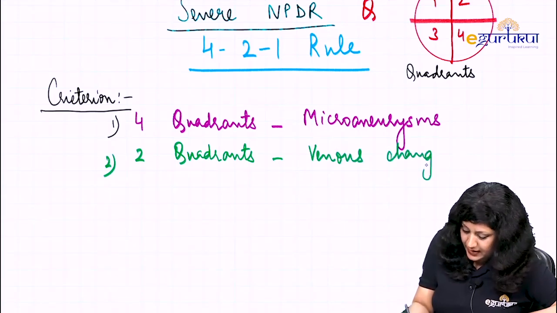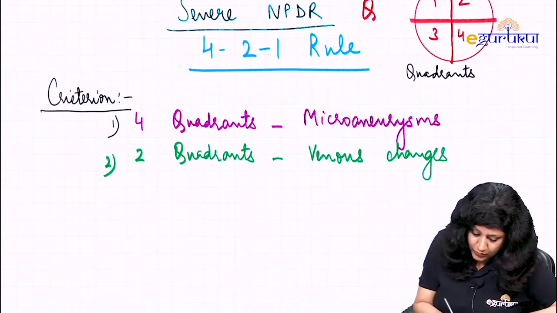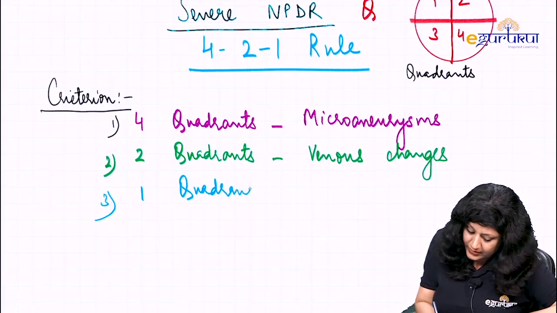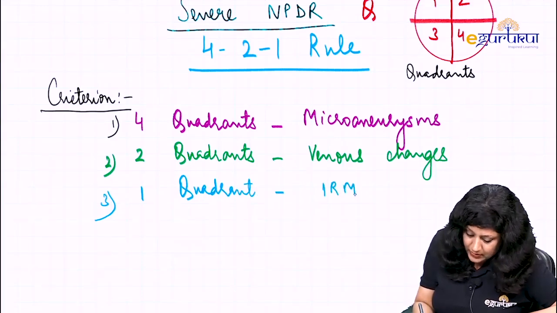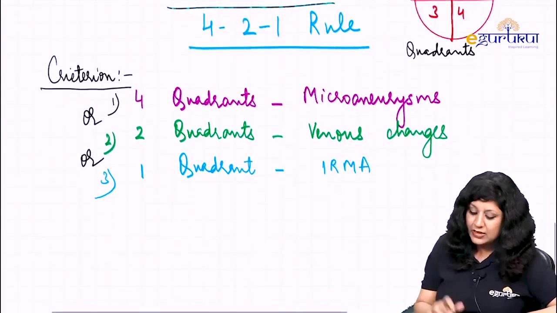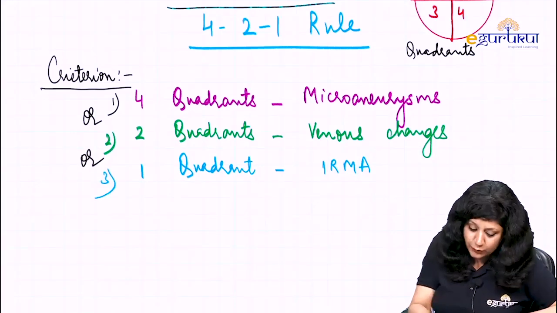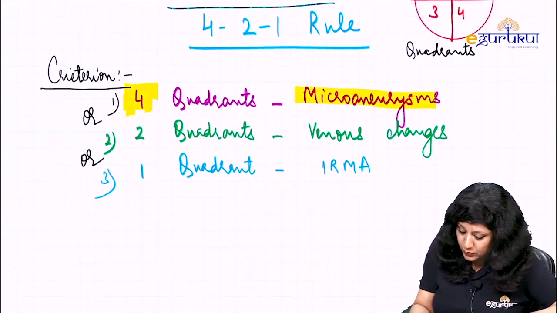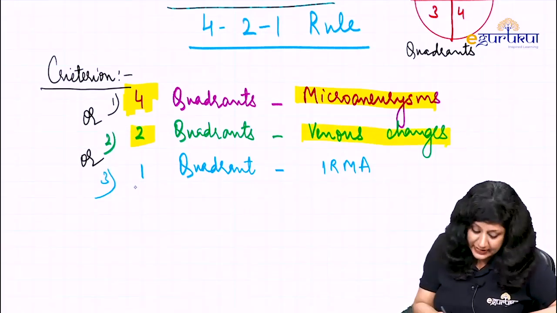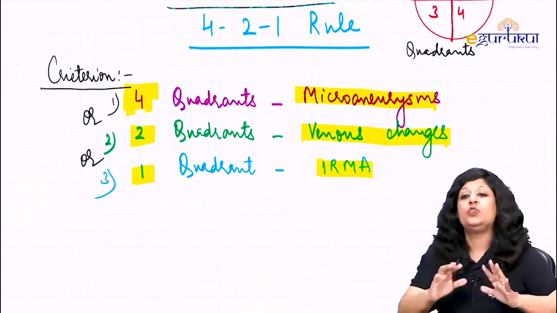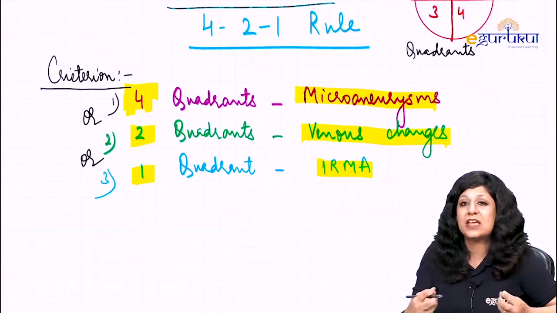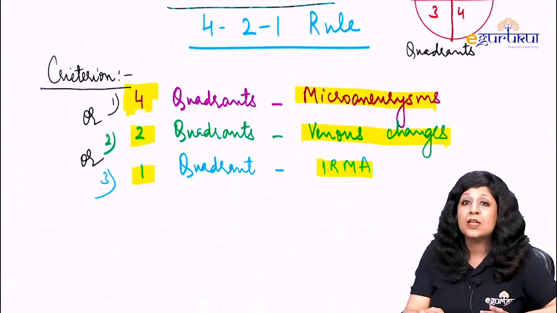And then the third: at least one quadrant showing the IRMA. So any of these. If the 4 quadrants, all 4, are showing you microaneurysms, or at least 2 quadrants are showing you the venous changes, or at least 1 quadrant is showing you IRMA, you will say that this is a severe NPDR, and any time this stage can actually go into the PDR.